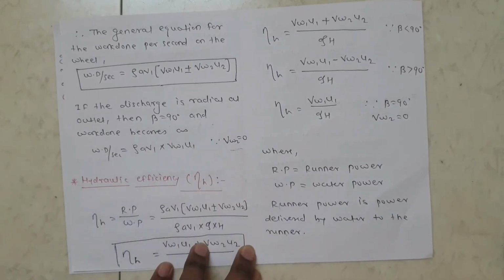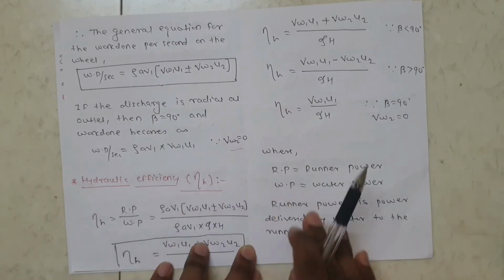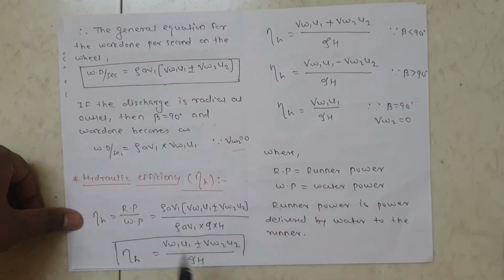Hydraulic efficiency. As in the Pelton wheel, the hydraulic efficiency is the runner power upon water power. The runner power is equal to the work done by the water on the runner or wheel, that is rho a v1 [vw1 u1 plus or minus vw2 u2].